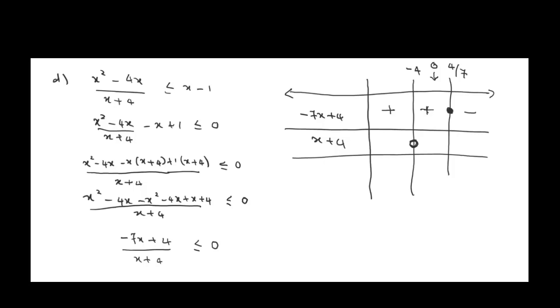Use 0 here. 0 plus 4, we have 4, which is a positive value. So the value on the right side of negative 4 is positive, and on the left side of negative 4 is negative. Then these two values we have to divide. Plus divided by minus, we have negative, positive, and here we have negative. Bring down all the circles.